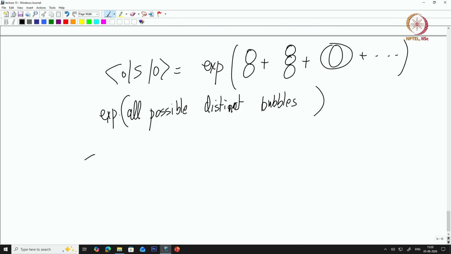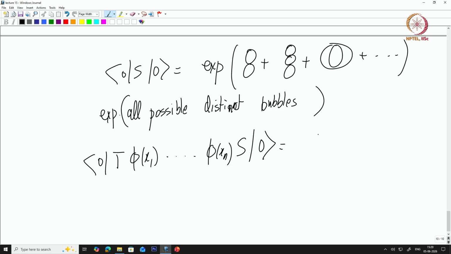So this means that the time ordered product of phi x1 to phi xn is nothing but the sum of all connected diagrams times this exponential of vacuum bubbles.